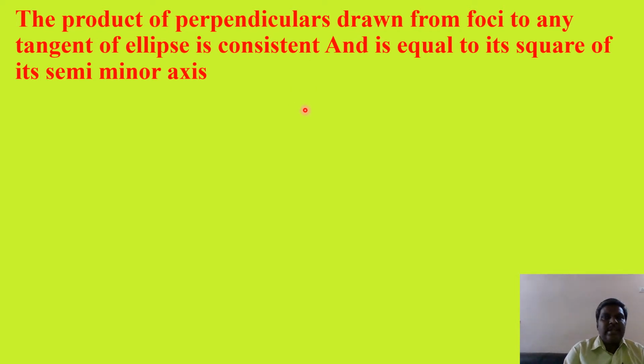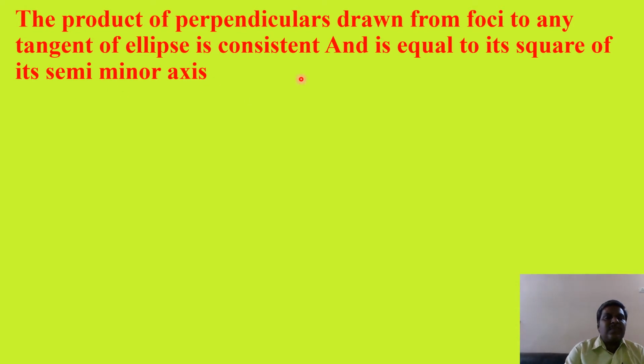It has two foci, S and S dash, say. Draw the perpendiculars from those foci to any tangent. So you get two perpendiculars from foci to any tangent. Then find out the product of their lengths. That is always equal to what? Square of its semi-minor axis.